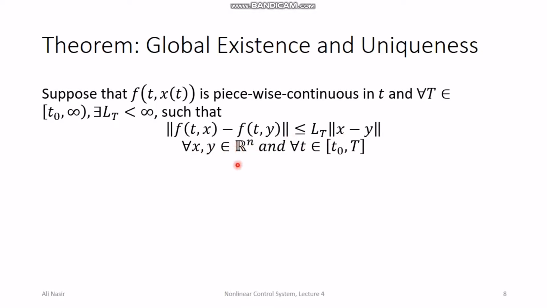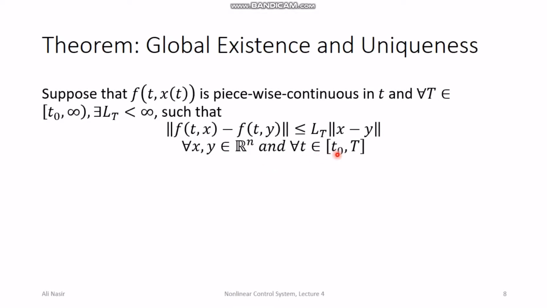So these are the two differences: the piecewise continuity of f is for t naught to infinity, and the Lipschitz continuity is for all points in the space, not just in the neighborhood of the initial condition.